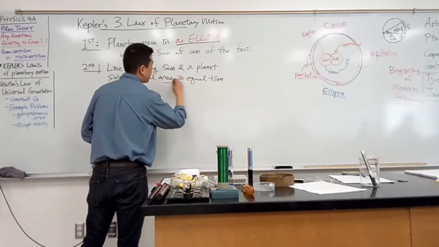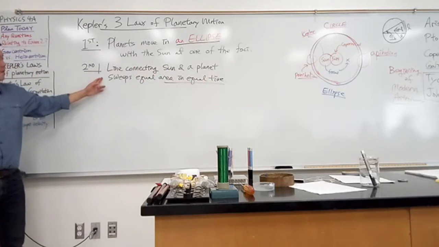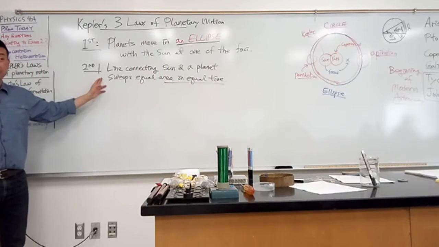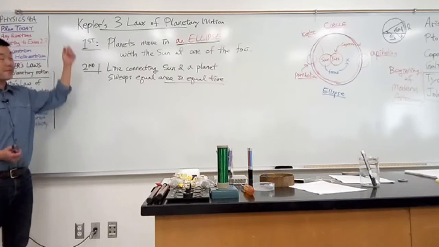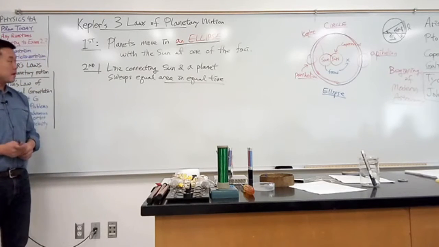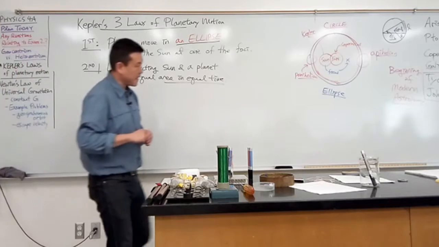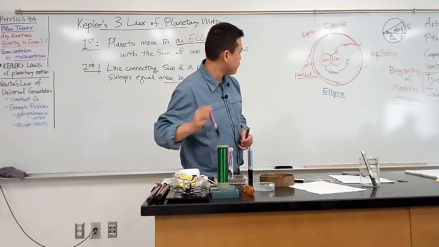I think this statement is a little bit difficult to figure out exactly what it means, even for those of us who have taken calculus and had more math than Kepler did, in fact. So let me restate this in a slightly different way.